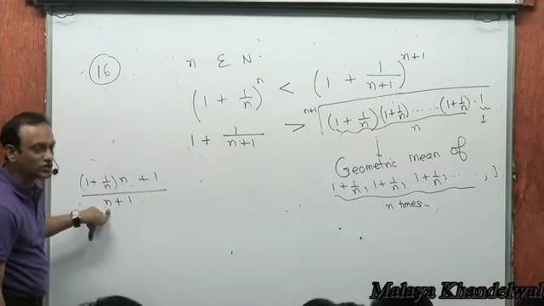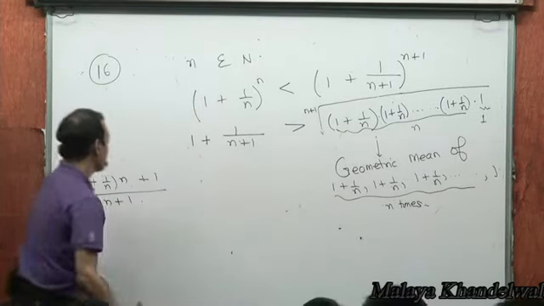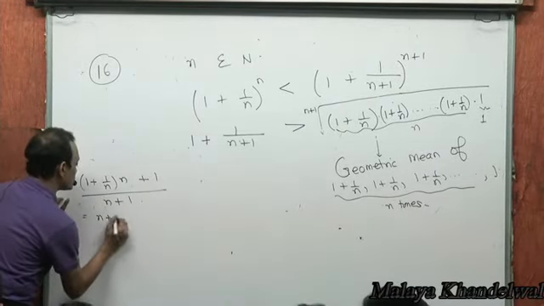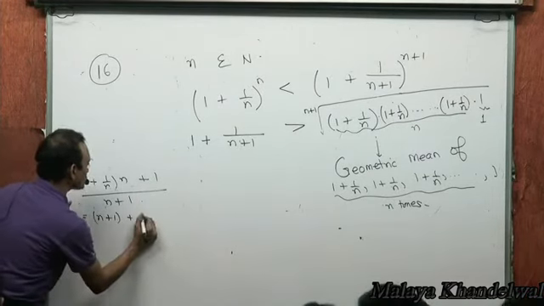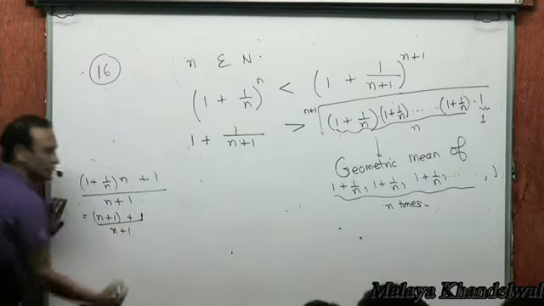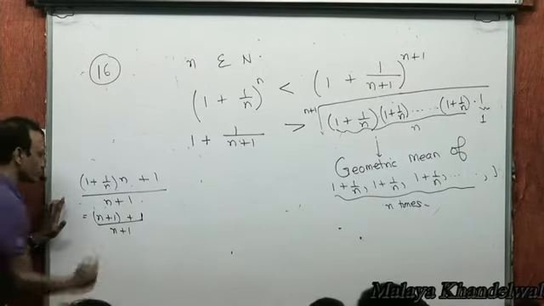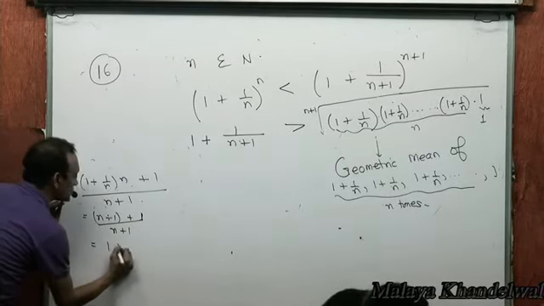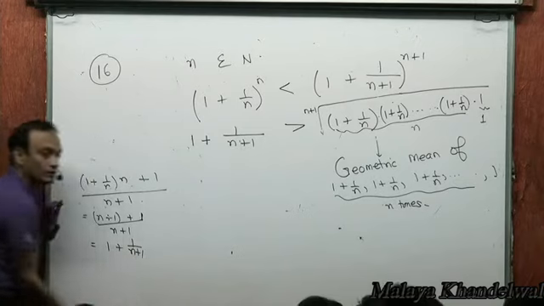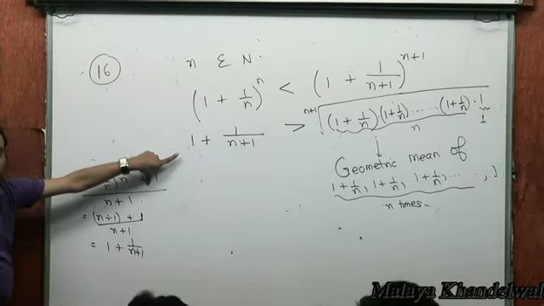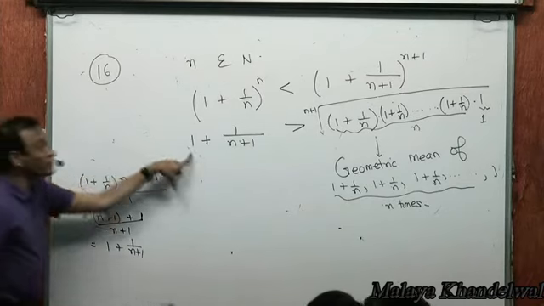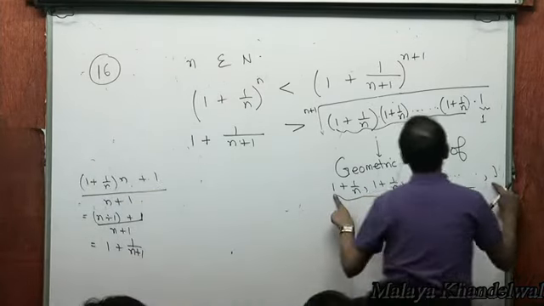Which is like n plus 1 plus 1, divided by n plus 1. Now divide this by this, which is 1 plus 1 by n plus 1, which is the left hand side. Yes or no? So the left hand side is really the arithmetic mean of these numbers.